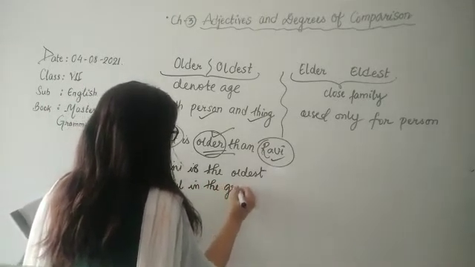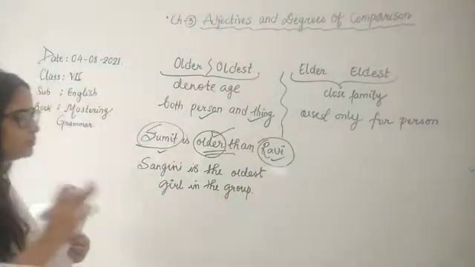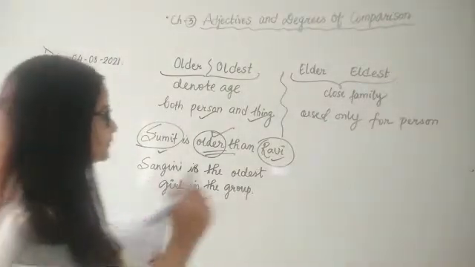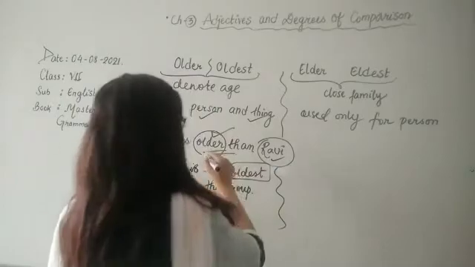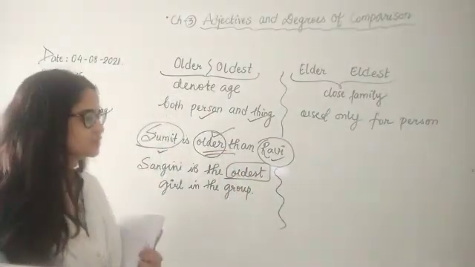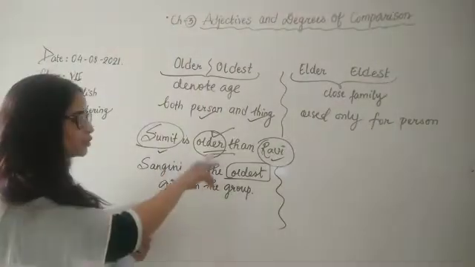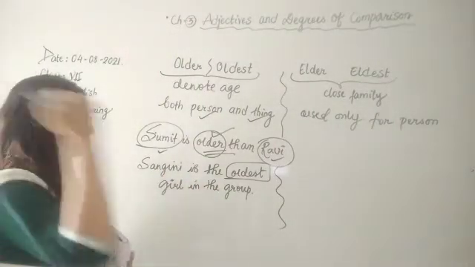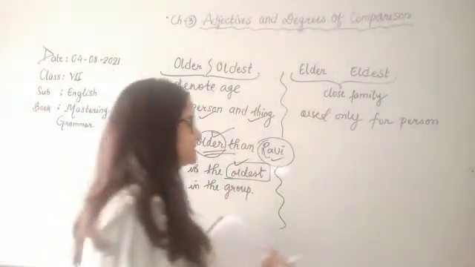So her age is more than all the people in the group. Children, you have seen how we have used oldest and older to refer to age. Obviously the group members are not from the same family, so that's why we have used oldest. Otherwise we would have used eldest.